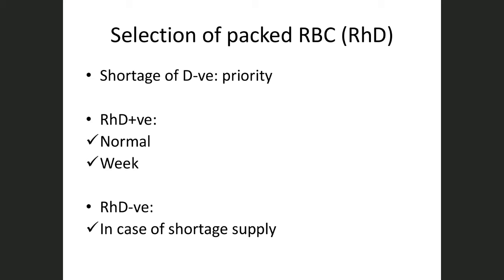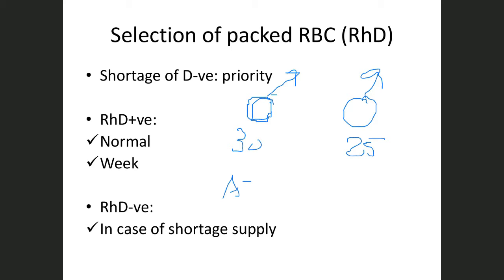Let's see another scenario. We have again two males. This one is 30, for example, this one is 25, and both of them are A negative.